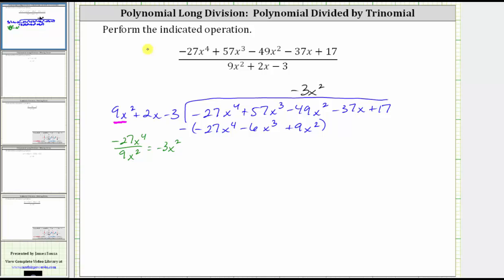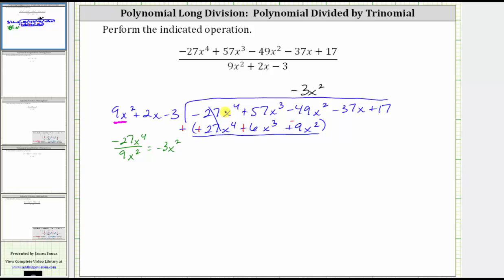But when performing polynomial long division, instead of subtracting, it's easier to add the opposite, which means we can change this to addition as long as we change the sign of each term inside the parentheses, which means this becomes positive 27x to the fourth, this becomes plus 6x cubed, and this becomes plus negative 9x squared. And now adding, here we have opposites.